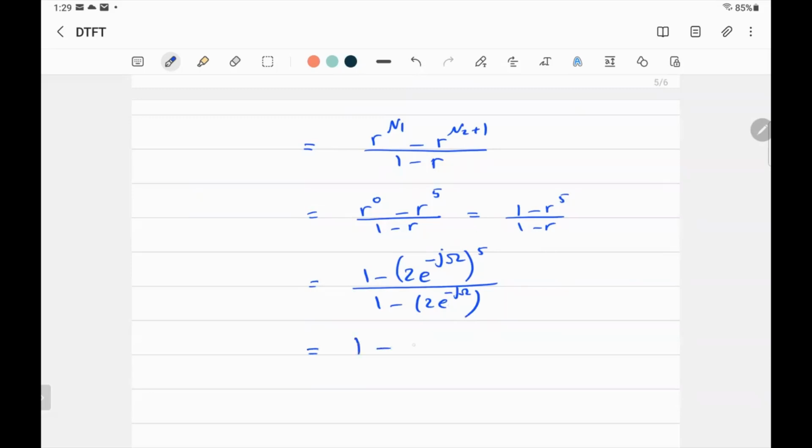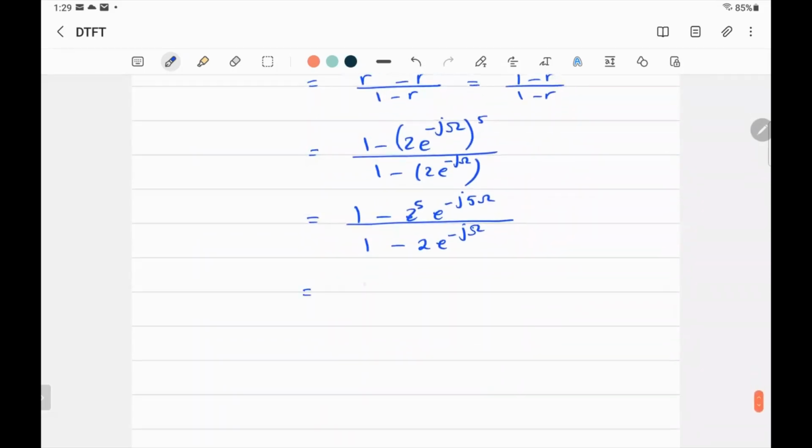You can write the top, and you get it back. You will have 2 power 5 times e to the minus j 5 omega. It's better to do it in this way: 1 minus 2 power 5, which is 32, e to the minus j 5 omega, divided by 1 minus 2e to the power of minus j omega.